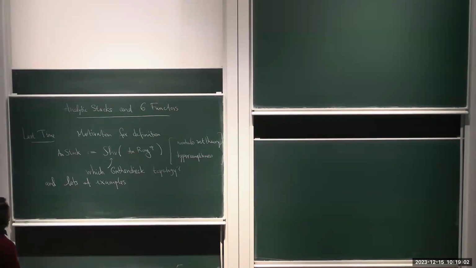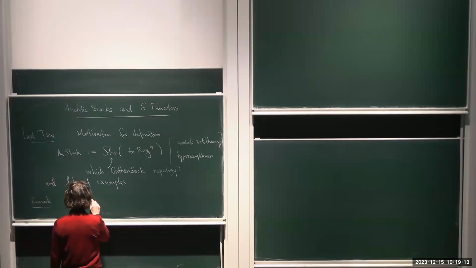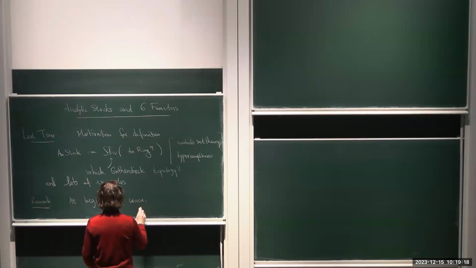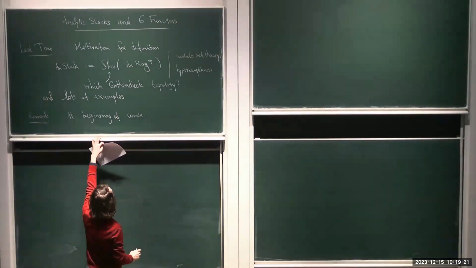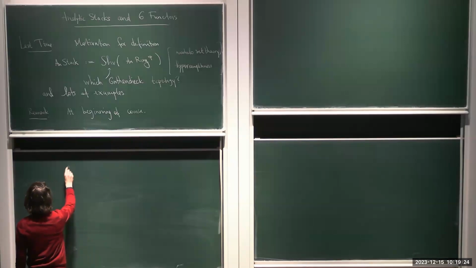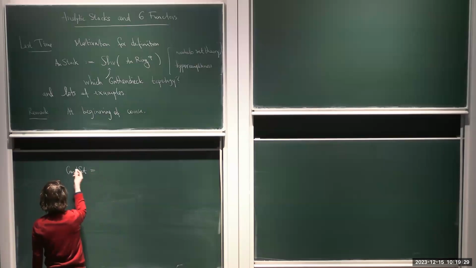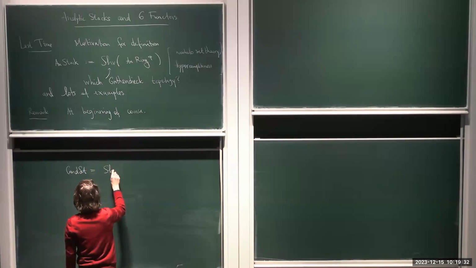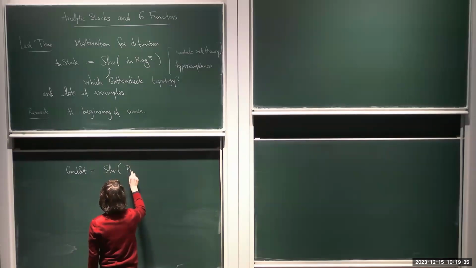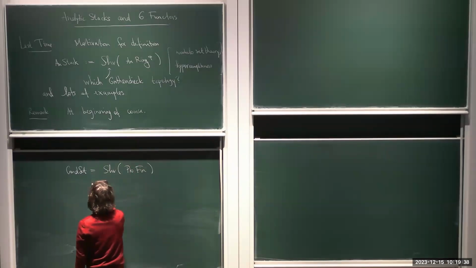Before I get there, let me remark that what we're doing here is very, very close to what we did at the beginning of the course. We did something extremely similar. We defined condensed sets, or light condensed sets, if you can put or not put light on both sides of this equation: sheaves on the category of profinite sets, or if you want, I was thinking of Boolean algebras.